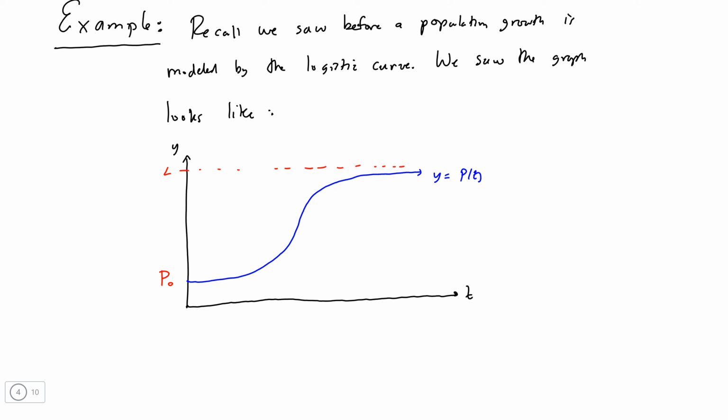We had our P0 down here where it started, and then we have this value here, t0.